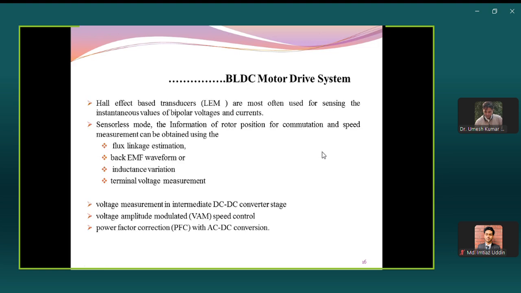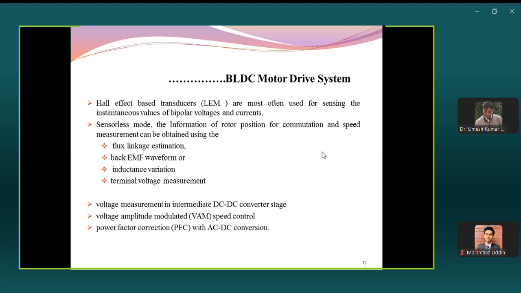We also have various sensorless methods. Sensorless methods are flexible. We can change the response of the motor and minimize the current at high speeds as compared to the conventional sensor-based schemes.